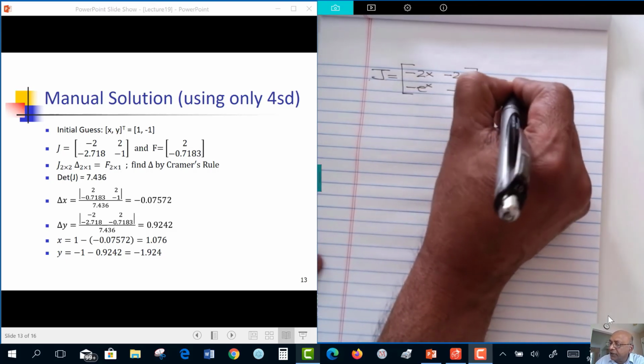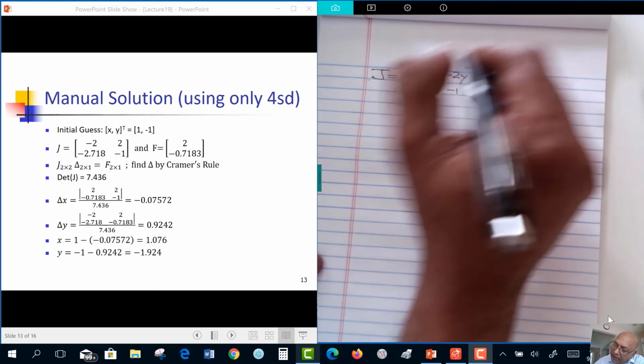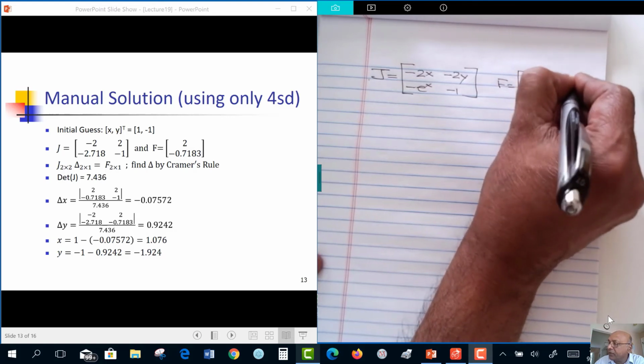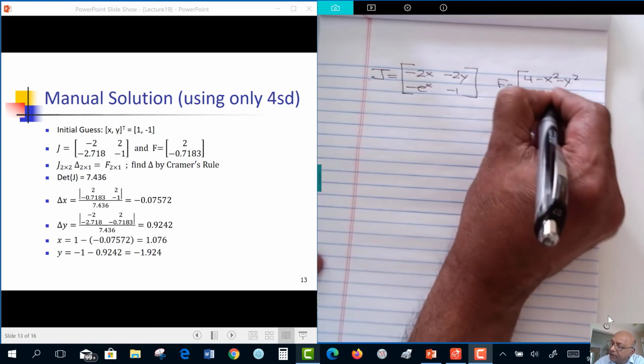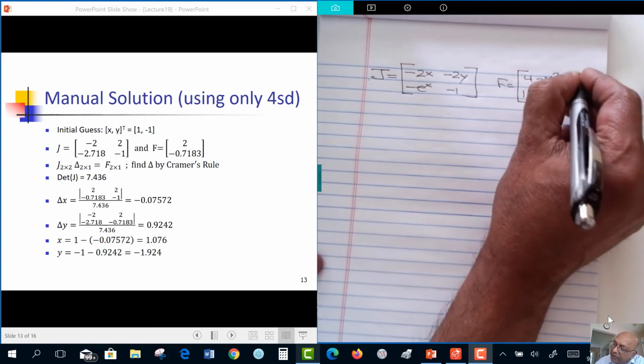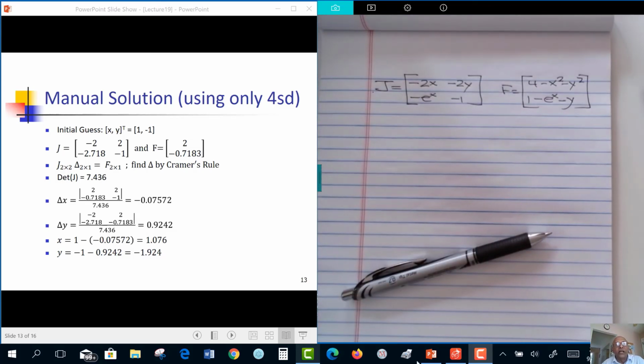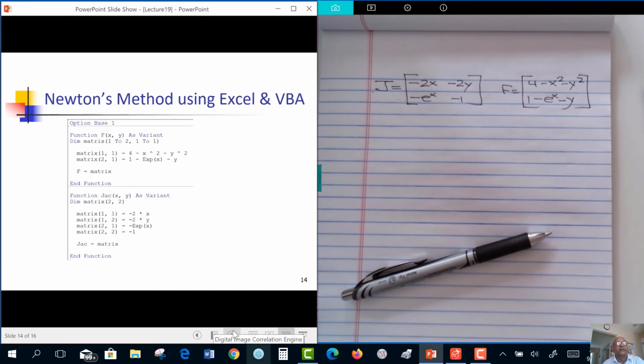And our function is 4 minus x square minus y square, 1 minus e to the x minus y. So in Excel, we would need to therefore define these functions. So we'll do that using VBA.